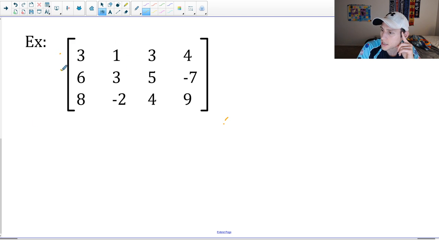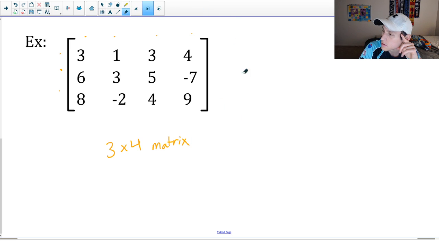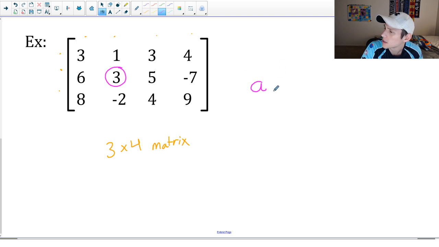So for example, here's a matrix. This matrix has 1, 2, 3 rows and 1, 2, 3, 4 columns. So I would call this a 3 by 4 matrix. And if I want to talk about a specific spot, let's say this 3. How would I say where that is? Well, I use my a. This is in the second row and the second column.